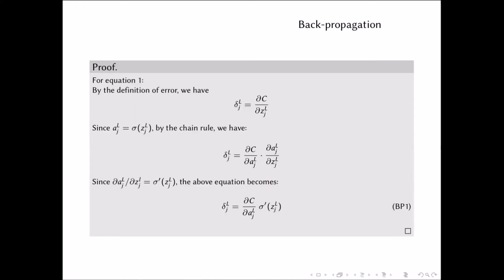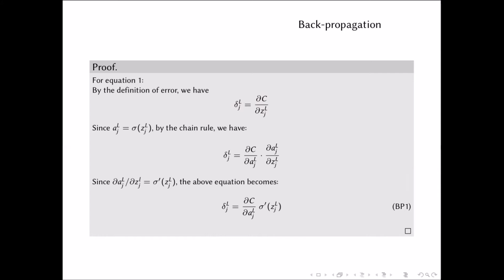So let's look at equation 1. By the definition of the error, we have delta_j^L, which is equal to the partial derivative of C with respect to z_j^L. So this is the error in the last layer. And since the output a_j^L is the sigmoid function of z_j^L, by the chain rule we have an expression like this.